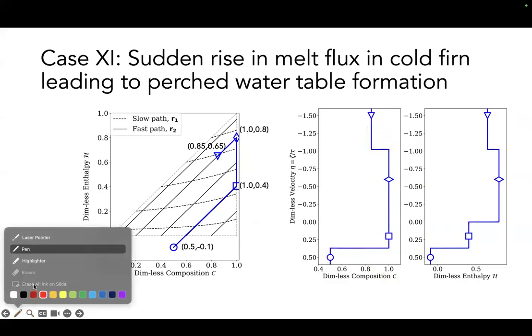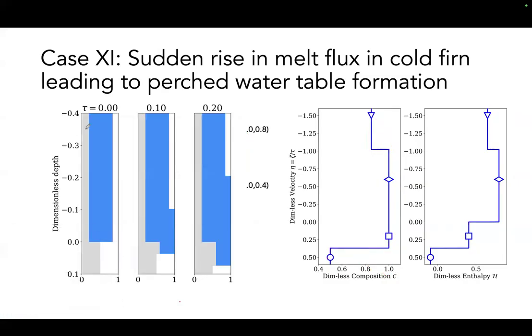Physically, the solution looks like this, where you have a wetting front that moves down at the interface. And since this lower layer is unable to accommodate this huge amount of water, the meltwater flux is huge. In that case, the flux is greater than the saturated hydraulic conductivity of this region.